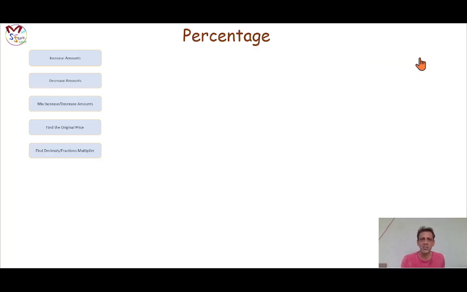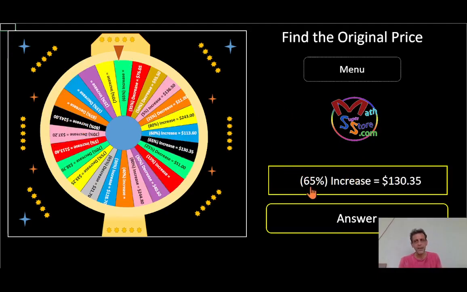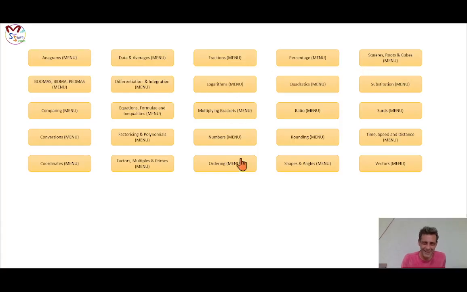And we've got a percentage change menu, so you've got increase amounts, decrease amounts, mixed increase and decrease amounts, find the original price and find the decimal fraction multiplier. Finding the original price: so we've got a 65% increase equals this. So some numbers being increased by 65% and given this, so there was $79, and you can work that out if you want. And that was percentages.